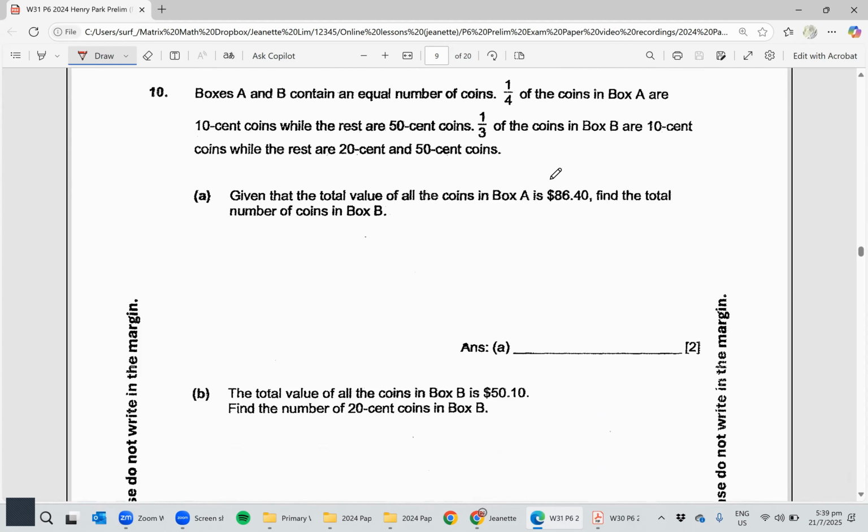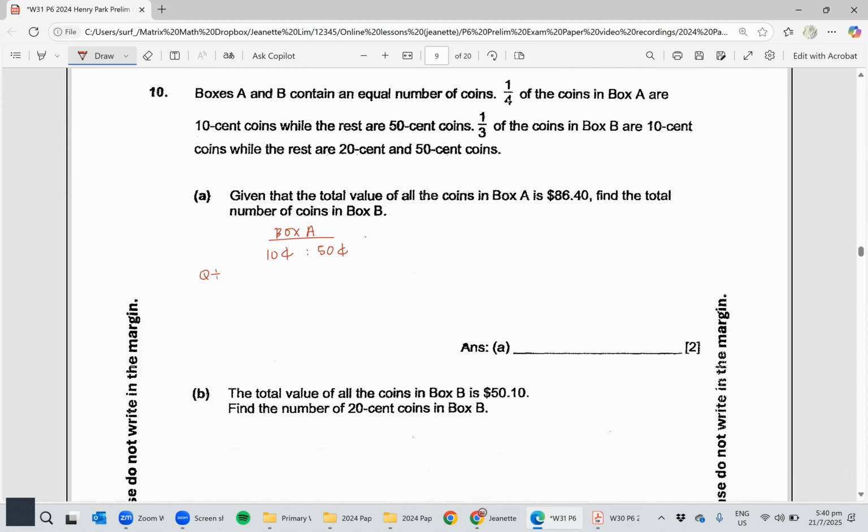All right, so let's look at box A first. We know the fraction, and the fraction is talking about the quantity, the number of coins. So for box A, for the 10-cent coins and the 50-cent coins, I'm going to use a quantity value table.